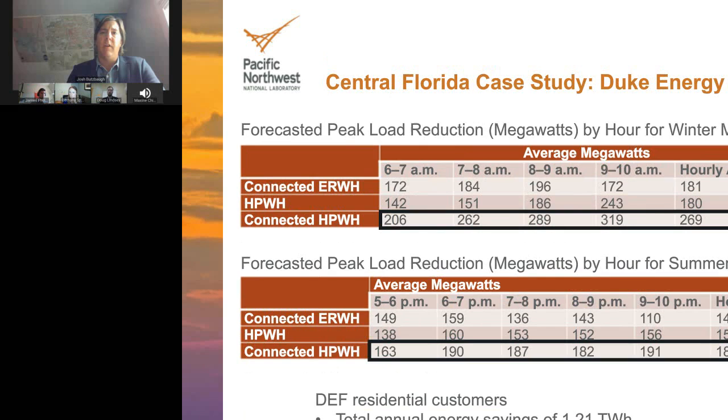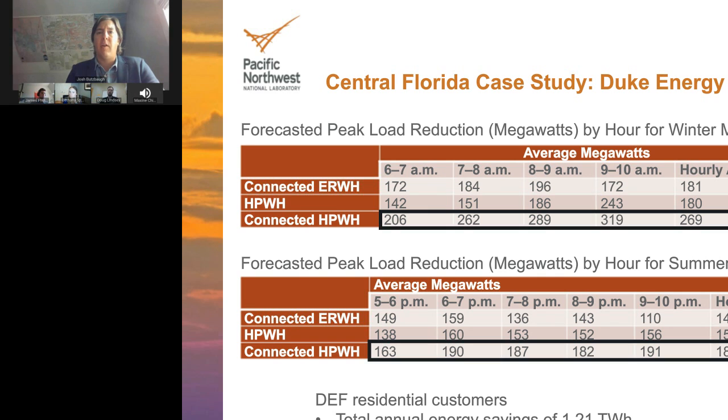And now getting to the Central Florida case study for Duke Energy Florida. I took those 688,000 homes that we thought were the sweet spot for heat pump water heaters, and then multiplied my load shifting extrapolated results. And I ended up with forecasted peak load reduction, which are megawatts by hour for the winter morning and summer evening.